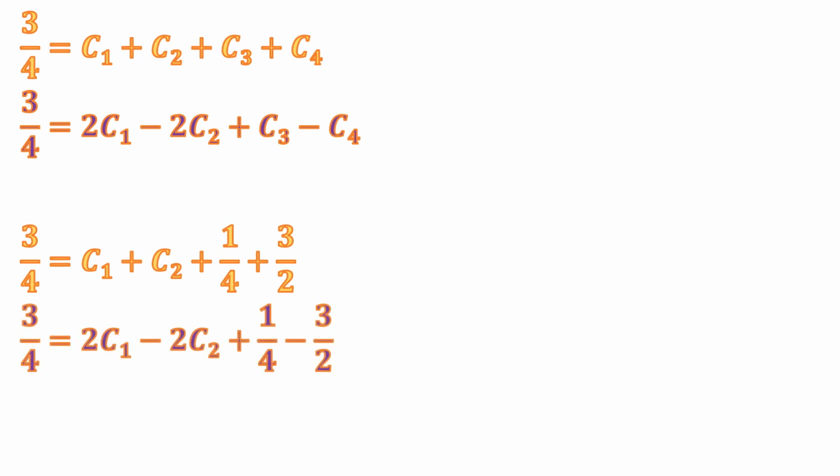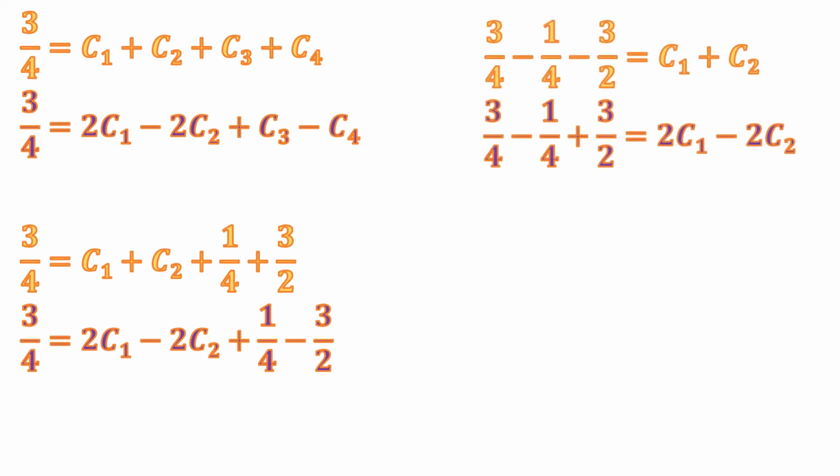And there you go, we substitute, and then we are going to transpose to the other side in both equations. So 1/4 becomes -1/4, 3/2 becomes -3/2. And then we are going to combine the constants. 3/4 minus 1/4 minus 3/2 is -1, and then 3/4 minus 1/4 plus 3/2 is +2.